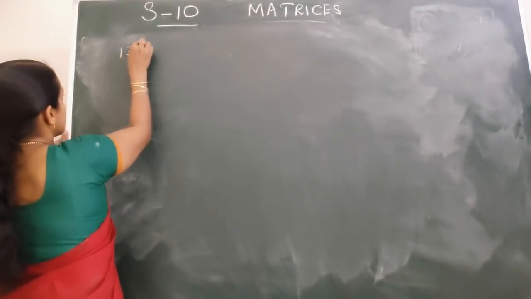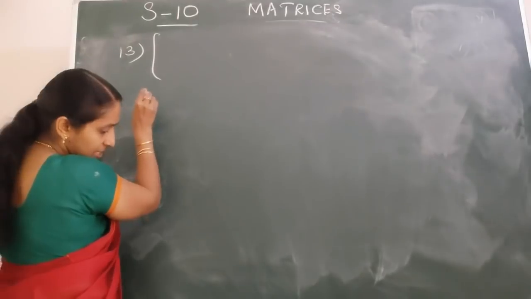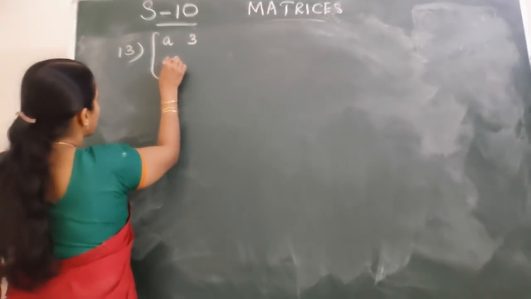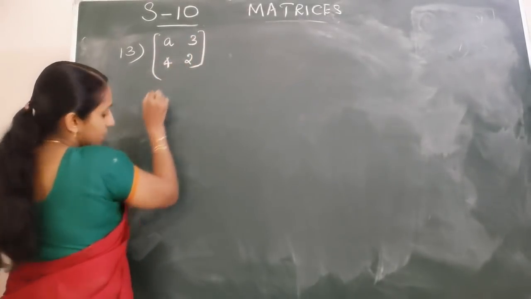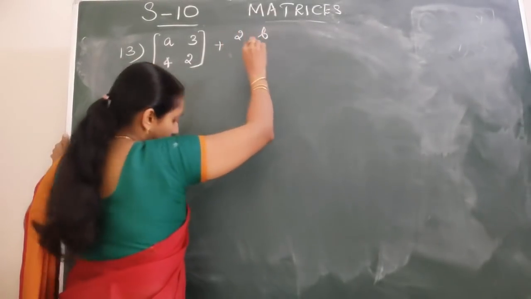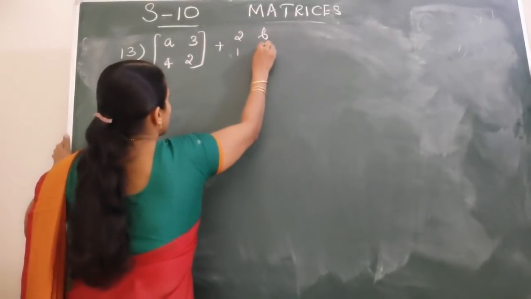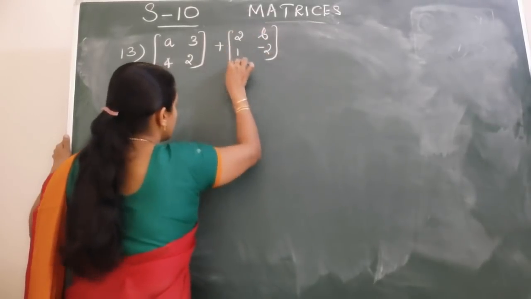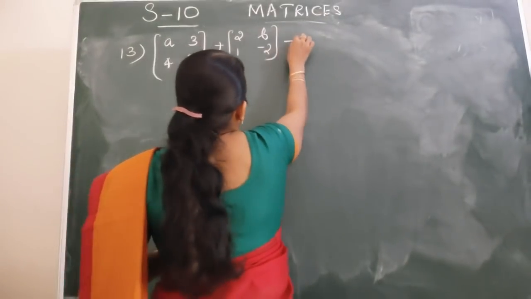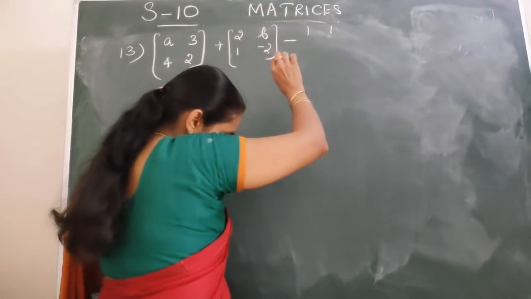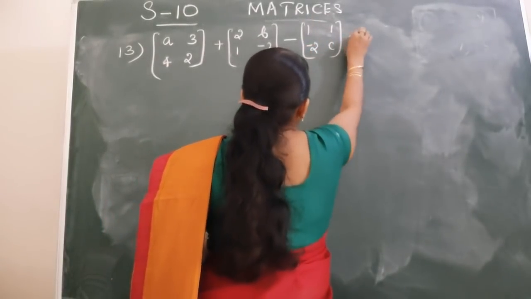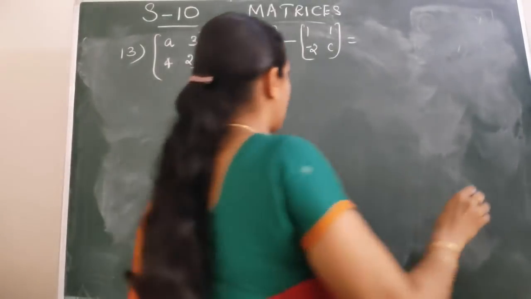If matrices given, what is the matrix given? A [3, 4, 2] plus 2B [1, -2]. Okay? Then minus [1, 1], minus 2C. That is equal to what is given? That is equal to [5, 0, 7, 3].